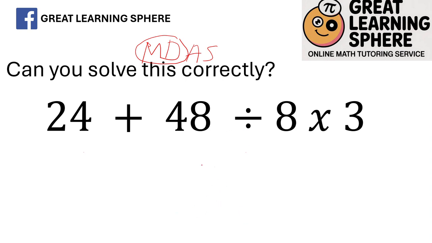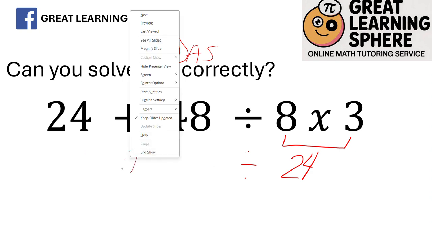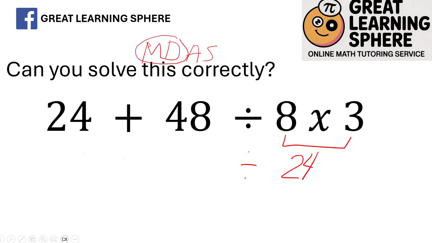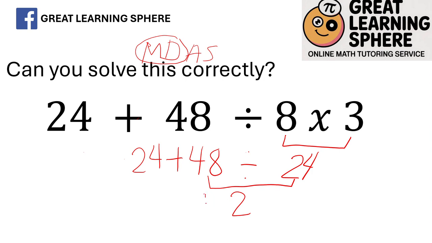Some got 26 because they multiplied 8 and 3 and got 24, then copied 24 plus 48 divided by 24, then divided 48 by 24 and got 2, then added the 24, and that is equal to 26.